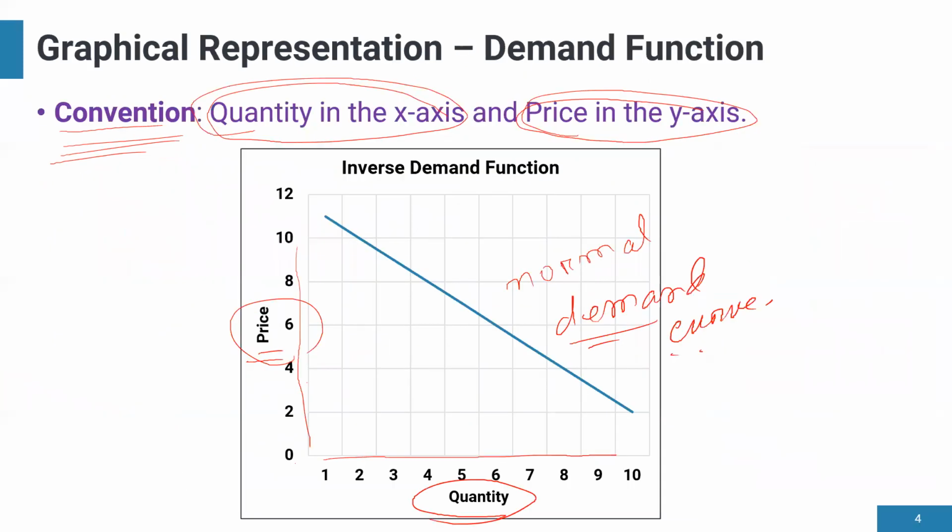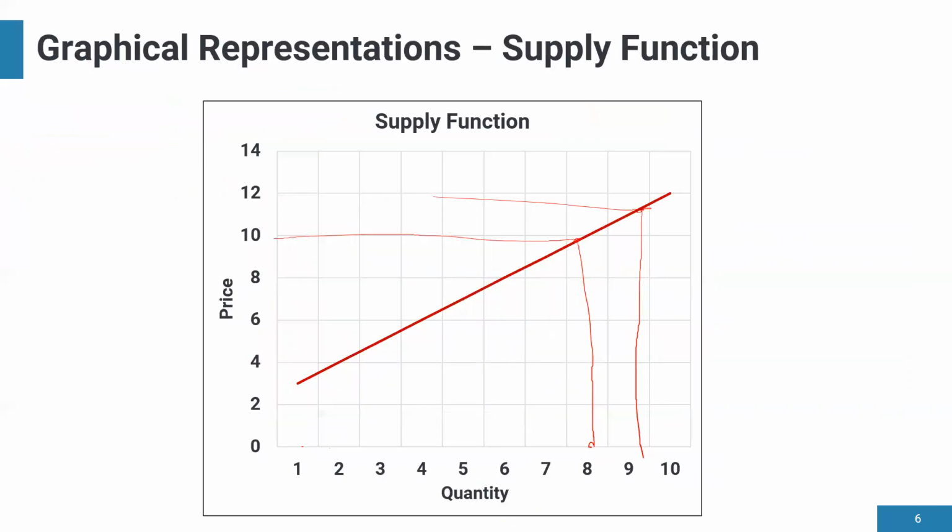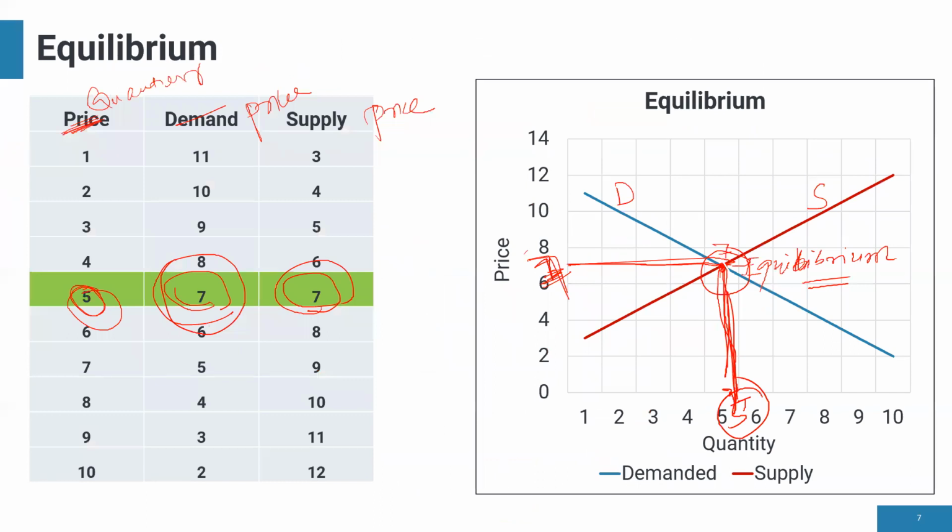Then we talked about the graph, and also this very important convention that quantity should always be on the x-axis and price on the y-axis. Then we talked about the supply function, how it is decided in different markets. Then we also saw it in the graph. Then we discussed the equilibrium, where demand equals supply.